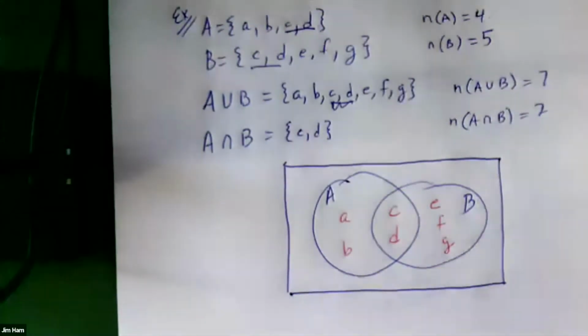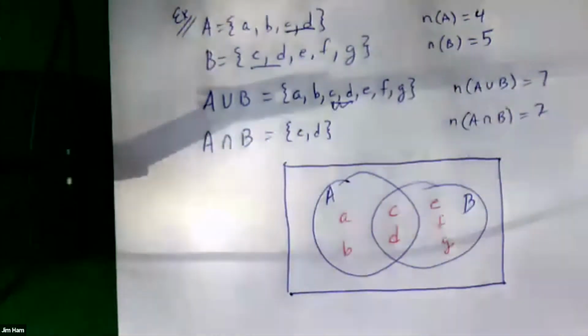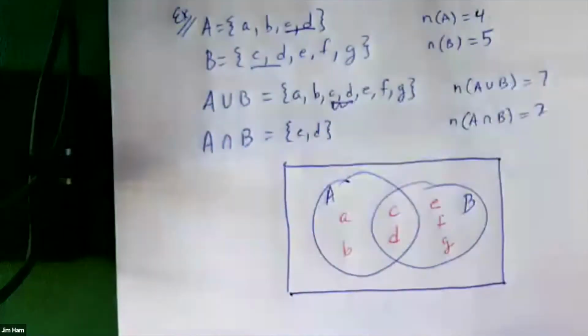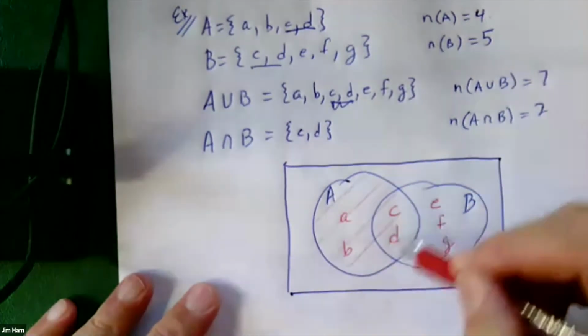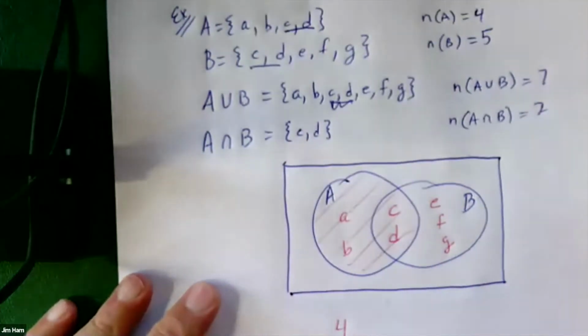I'm trying to show you a different representation of why this formula at the top works. If we just add the number of elements in A, we get 4.